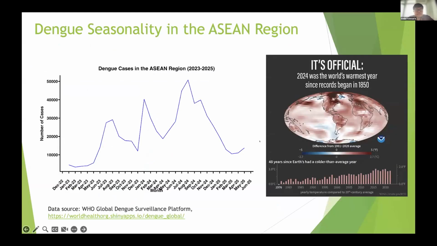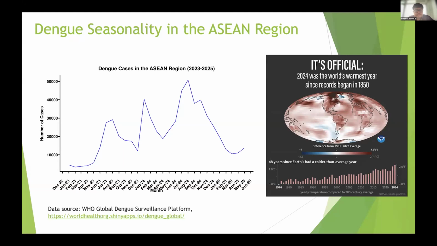Recently, after the pandemic, we learned that dengue, which is already endemic in Indonesia and in several ASEAN member states, is gradually increasing each year, and it could be related to climate change. We know that 2024 is also the warmest year since 1850.